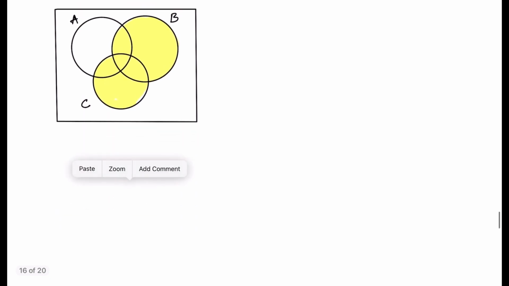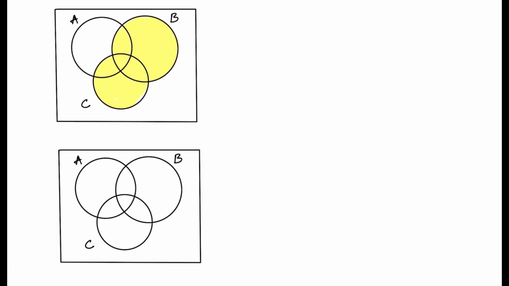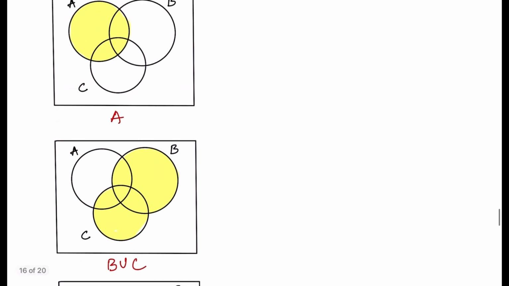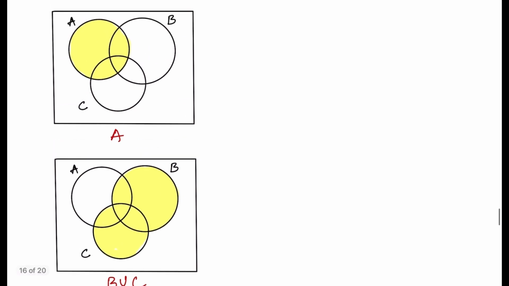We'll shade that region in the next diagram. So this one is the common region. This is basically A intersection B union C, and this was B union C, and this was A. So how did we approach?